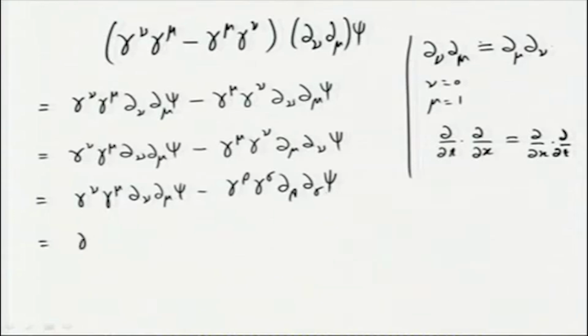Instead of changing ρ to μ, I can change ρ to ν, and σ to μ. So, consistently I have to change all the ρs to ν and all the σs to μ.